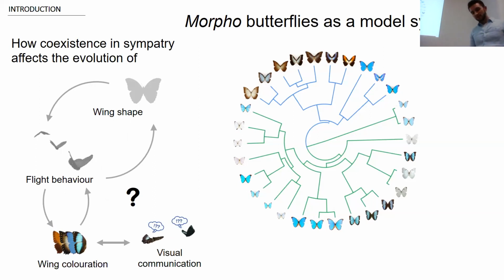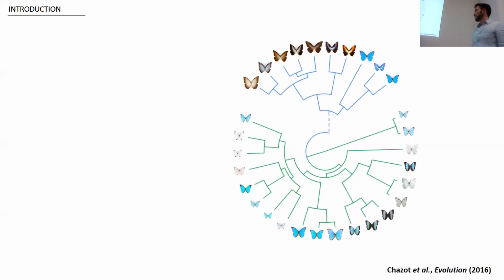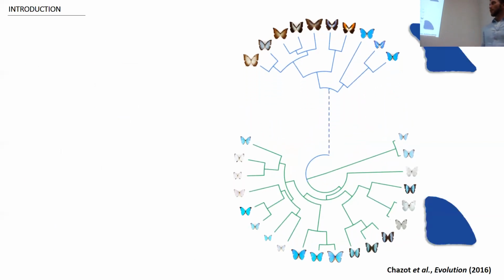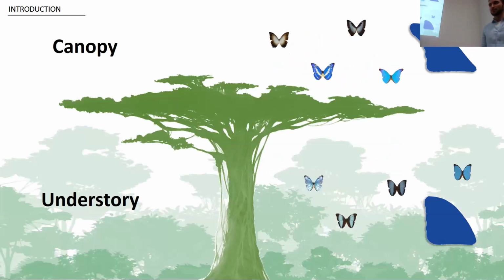Previous studies have provided some insights about how Morpho butterflies may have diversified in sympatry. It was shown that wing shape had diverged in the genus, opposing species with more rounded wings to those with more elongated wing shape. And this difference is higher than what we expect if the wing shape had diverged neutrally, but especially is associated with divergent habitat specialization.